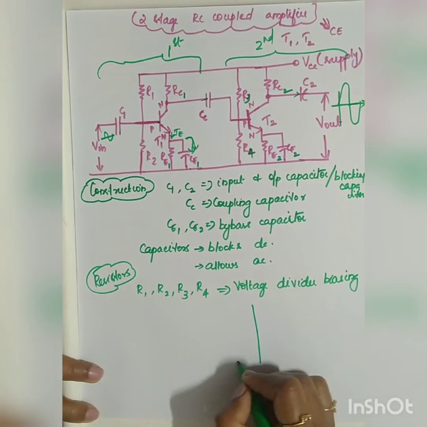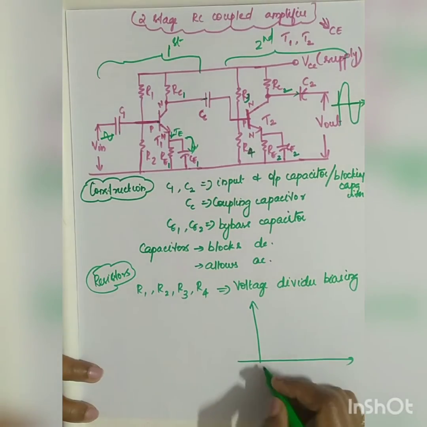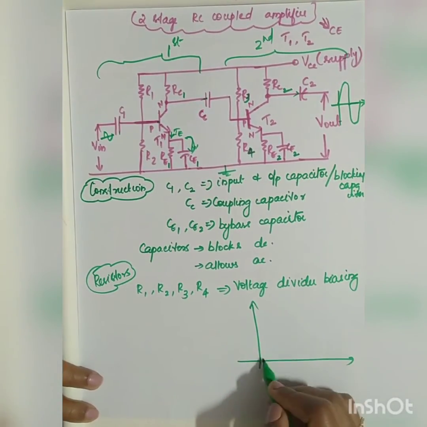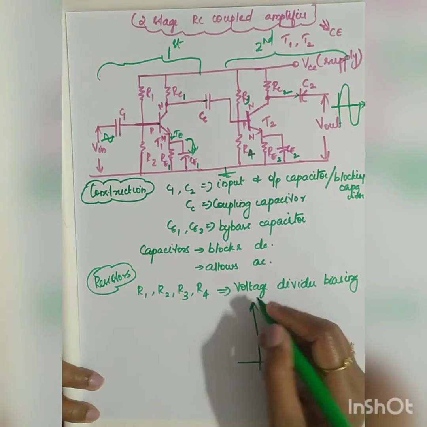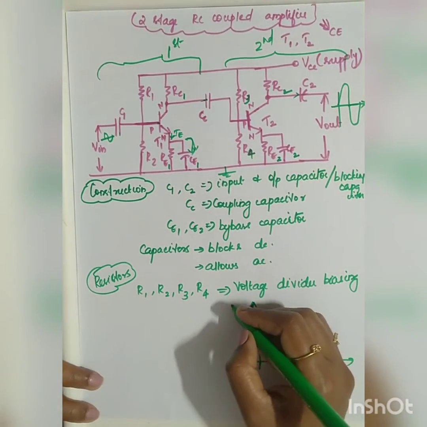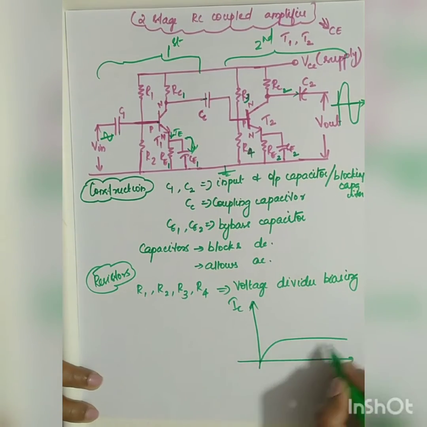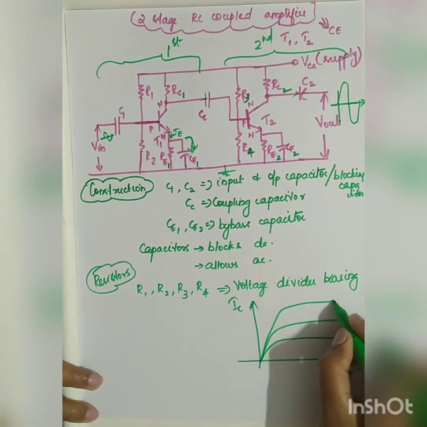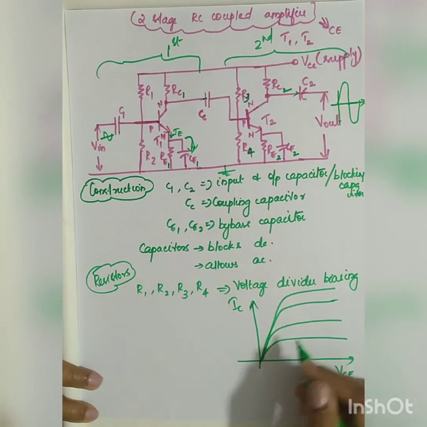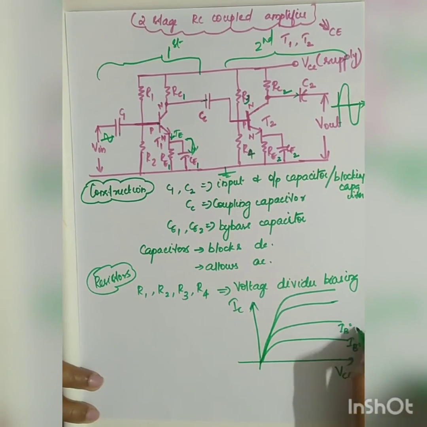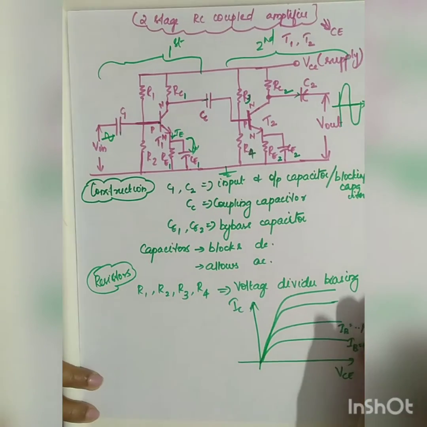You know that when you take the output characteristics of CE configuration, here your emitter is grounded, right? The output current and the output voltage, IC and VCE, vary, keeping the input current constant. So this is the output characteristics you get. IB is equal to 1 microampere, it goes on varying, in the range of microamperes.